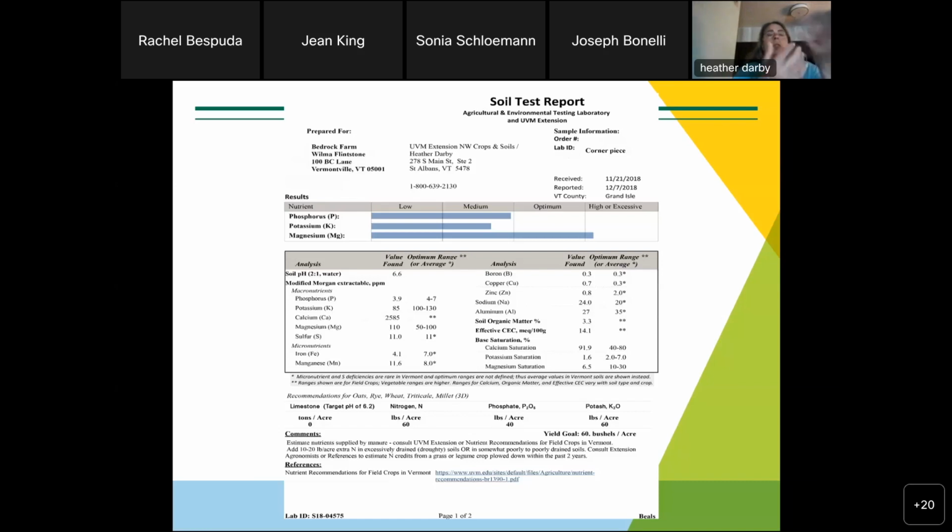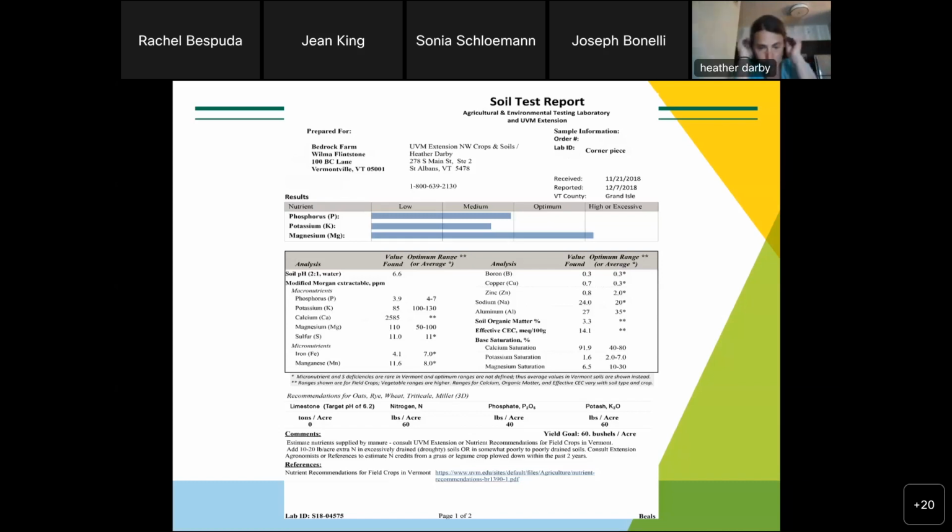I will say that soil tests are just a part of the conversation. They are a piece of information, a really important piece of information, but it's not the only information that you need to be able to work with a farmer to develop a fertility management strategy or program for their farm. But it is a critical piece.